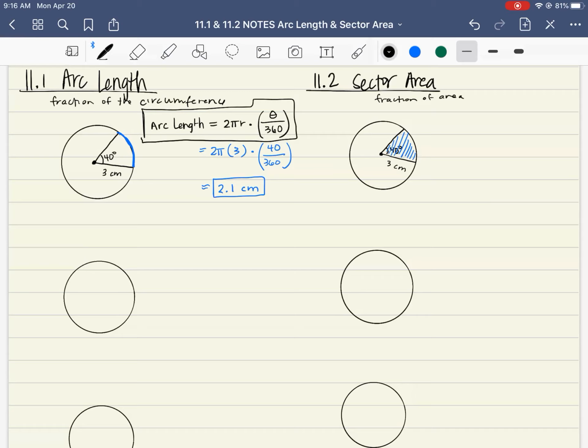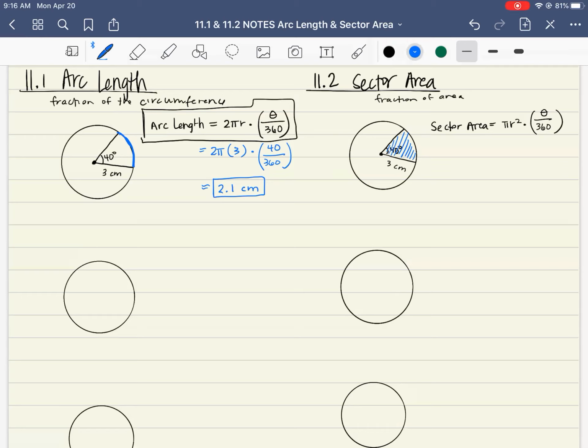So again, I'm finding a fraction of the area. This works very similarly if I want to find sector area and it's in degrees. I'm going to take pi r squared, because that's the area formula, and multiply that by the fraction of the circle whose area I want to find.